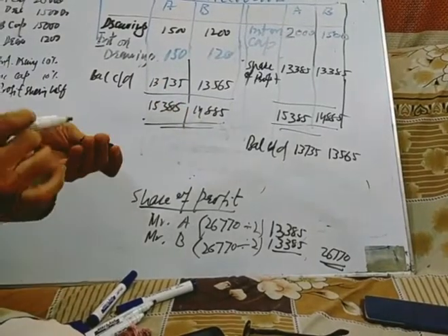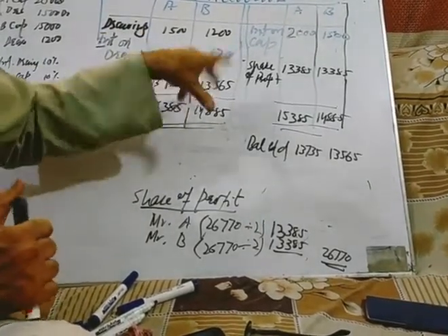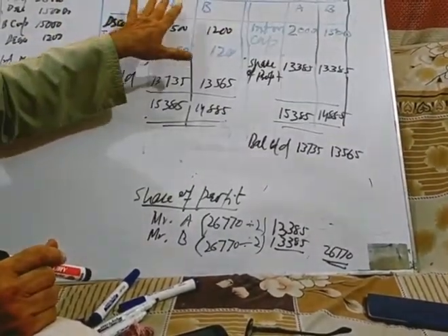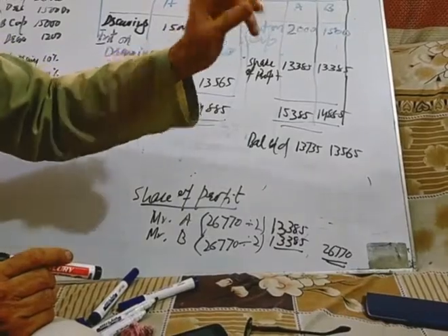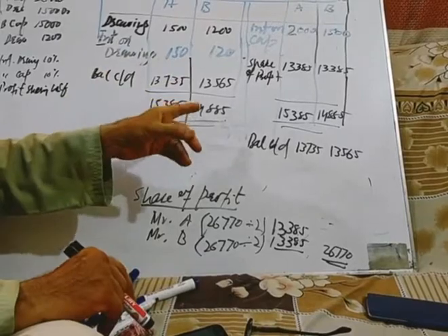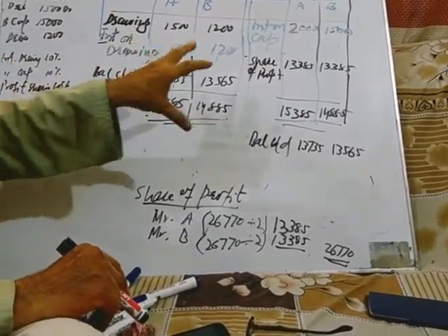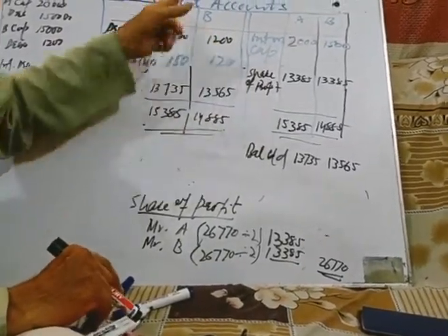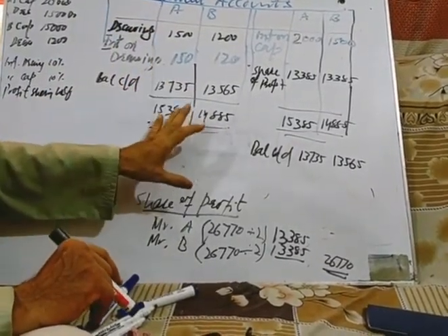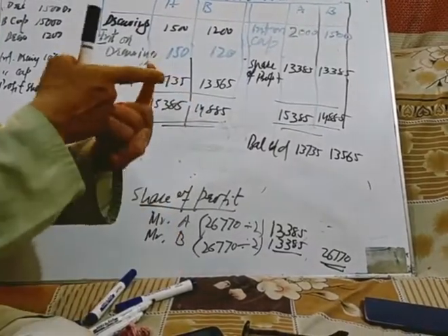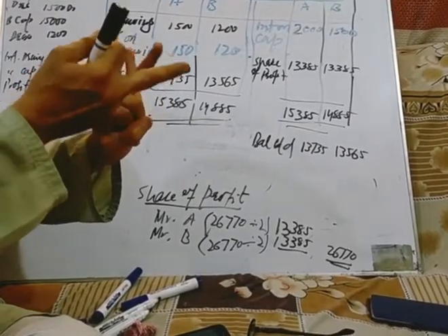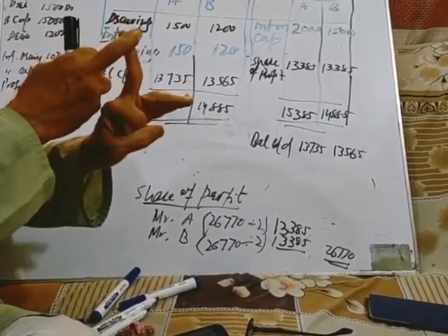What you have to do in current accounts is transfer all your appropriation account into current account. Every piece of information you will get from your profit and loss appropriation account, and you will just copy paste it into the correct columns of current accounts. You have to read the agreement first. What is the capital, or what are the capitals of partners, what are the drawings, what is the agreement.